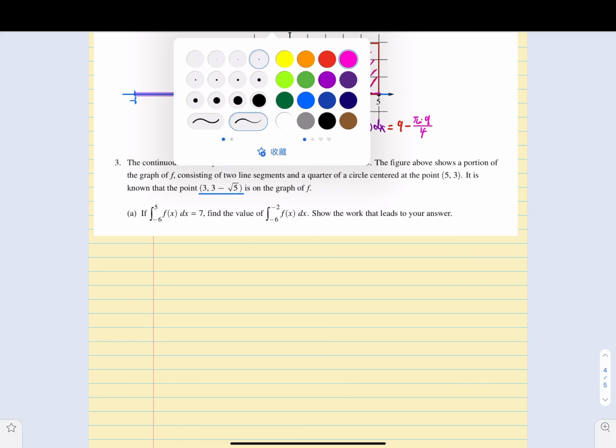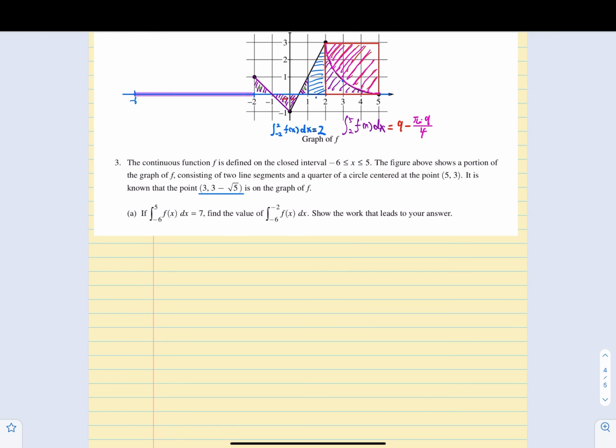So I will write like this. For the integral from negative 6 to 5 of f(x) dx will equal to the part we want to know. Yeah. So I will copy this part.